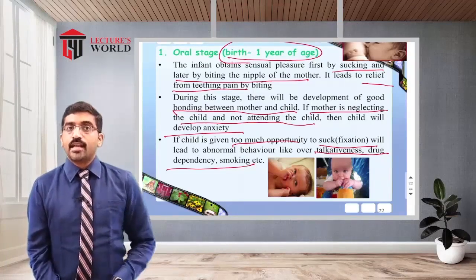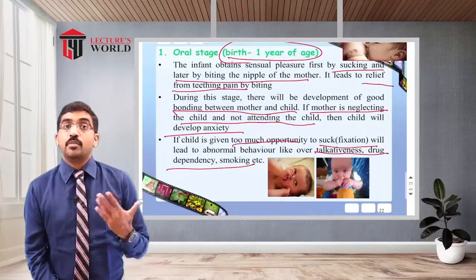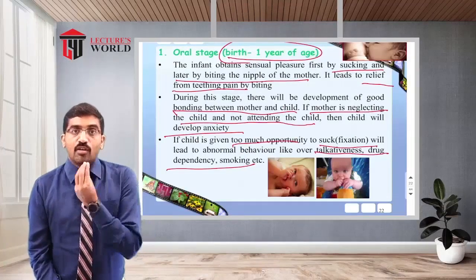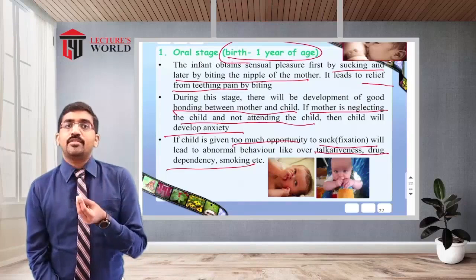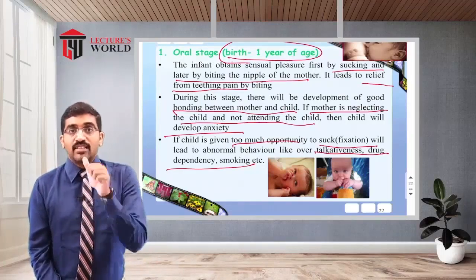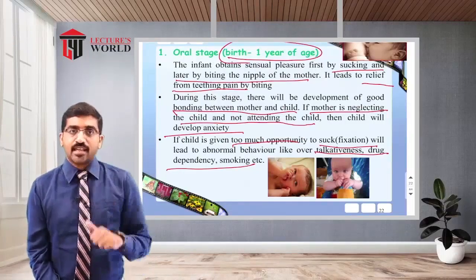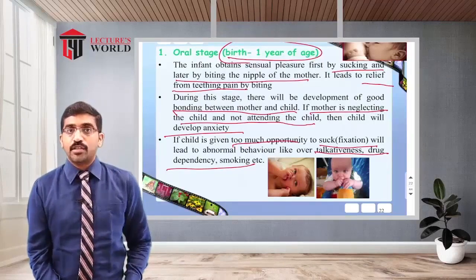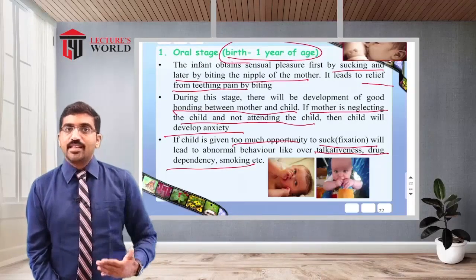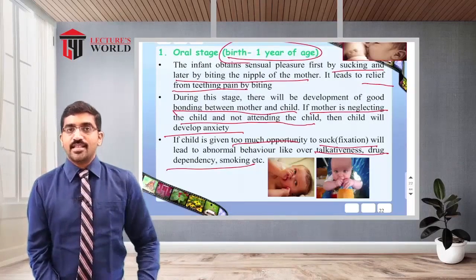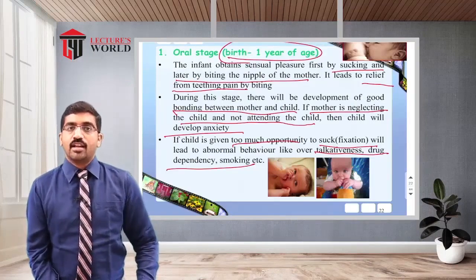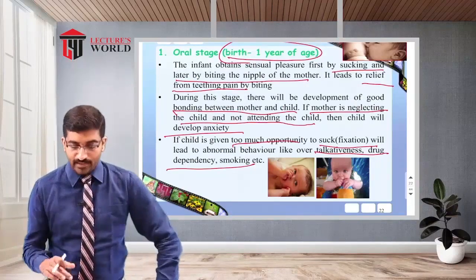So the mother may tell, yes, they were given breast milk too long. So their oral cavity got so much pleasure, because of that they may put everything in their mouth. Even nail biting, thumb sucking in adult life also people do. Why? Because one theory, this oral stage theory, says they are overfixed with that particular habit of breastfeeding.